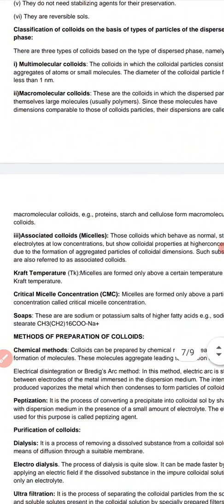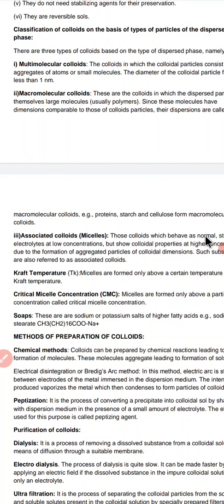The second classification I have told you depends on the type of particles. Under that we have the multimolecular colloids that we have already discussed. After that we have macromolecular colloids. Then we have associated colloids. What are associated colloids?